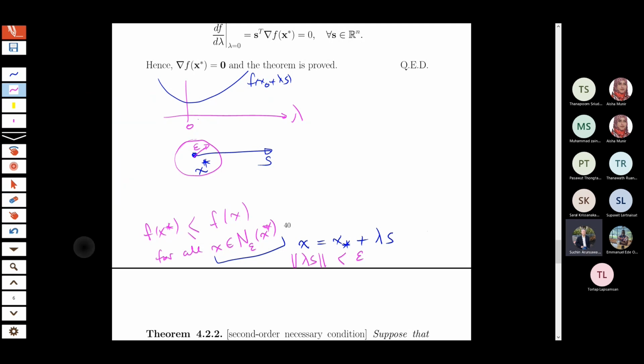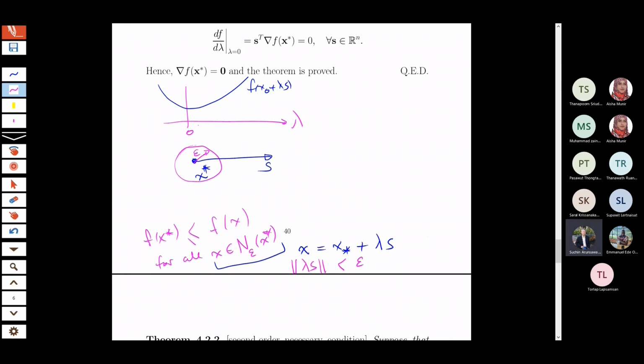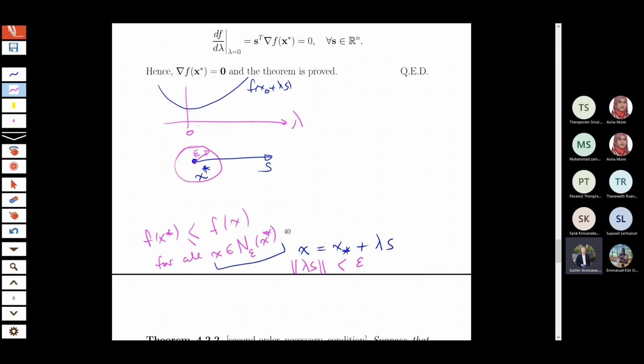And then from the moment, I haven't finished. And then at this point, from the calculus of single variable, we know that at the minimum of f(x naught plus lambda s), the slope at this point must be 0.